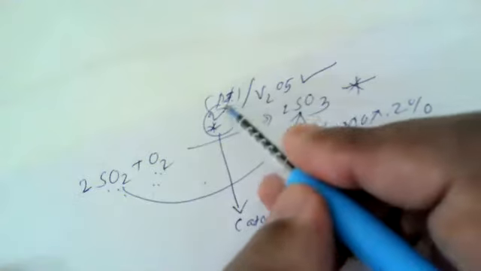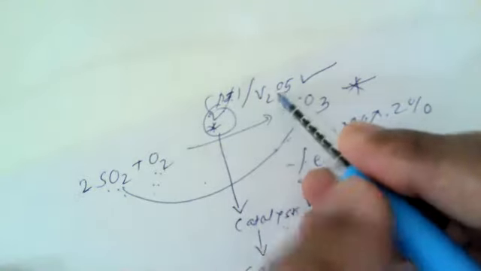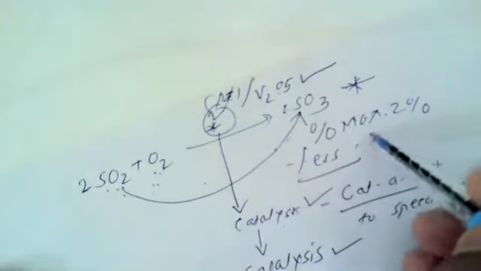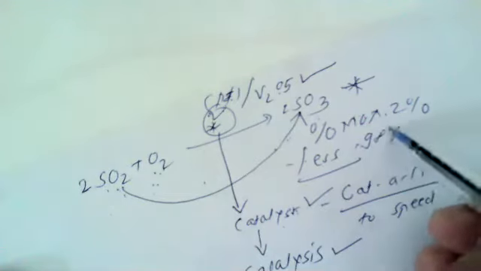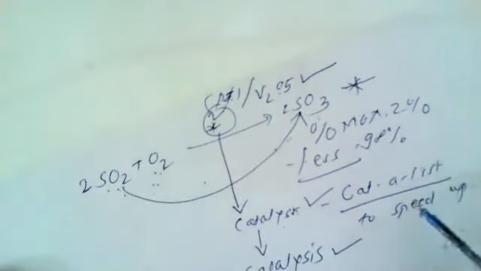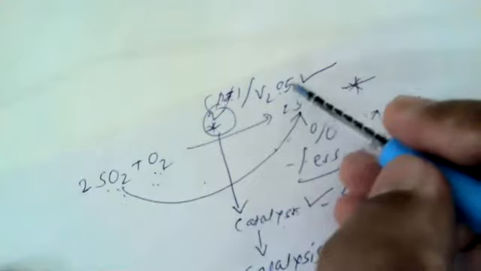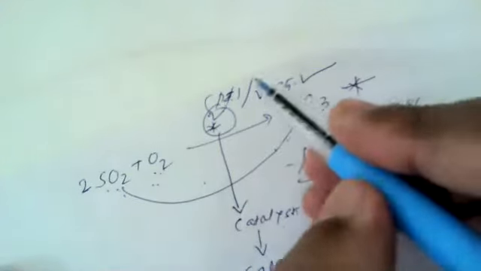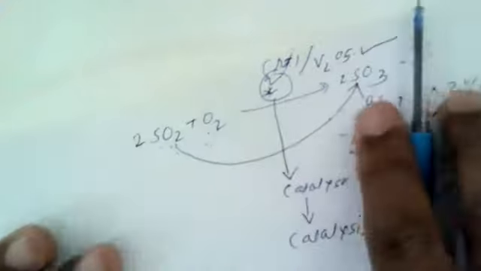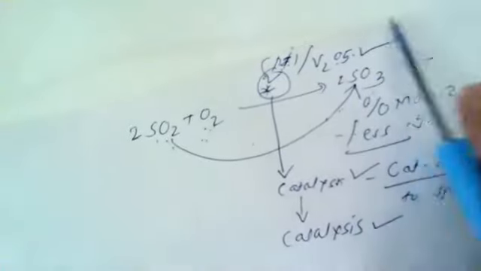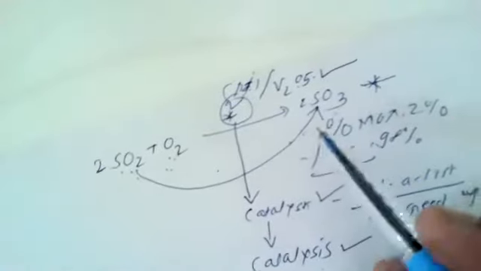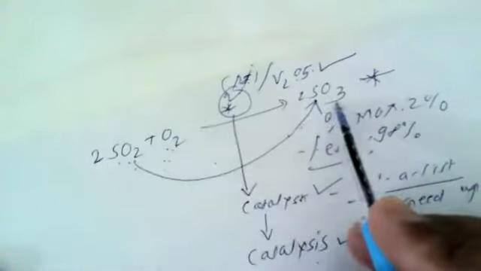With either platinum or vanadium pentoxide, the percentage conversion is about 98%. Just in presence of this substance, the reaction rate or the speed of the reaction is increased.